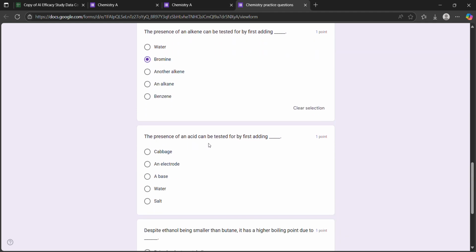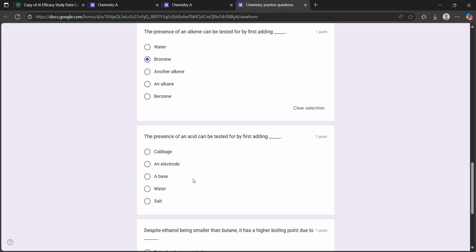The presence of an acid can be tested for by first adding cabbage, an electrode, a base, water, or salt. An electrode will basically, I think, dissociate that acid.